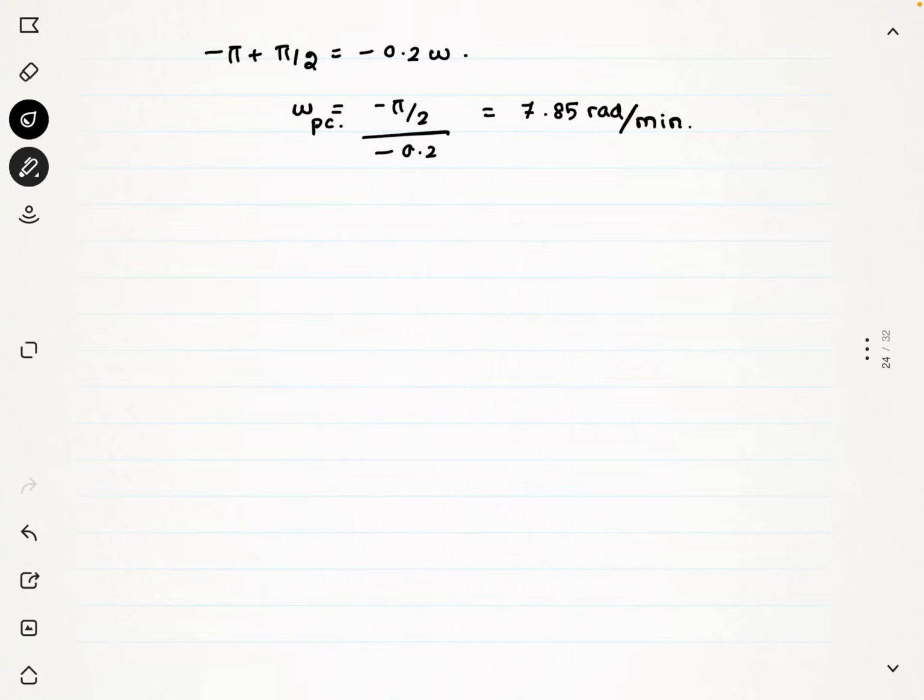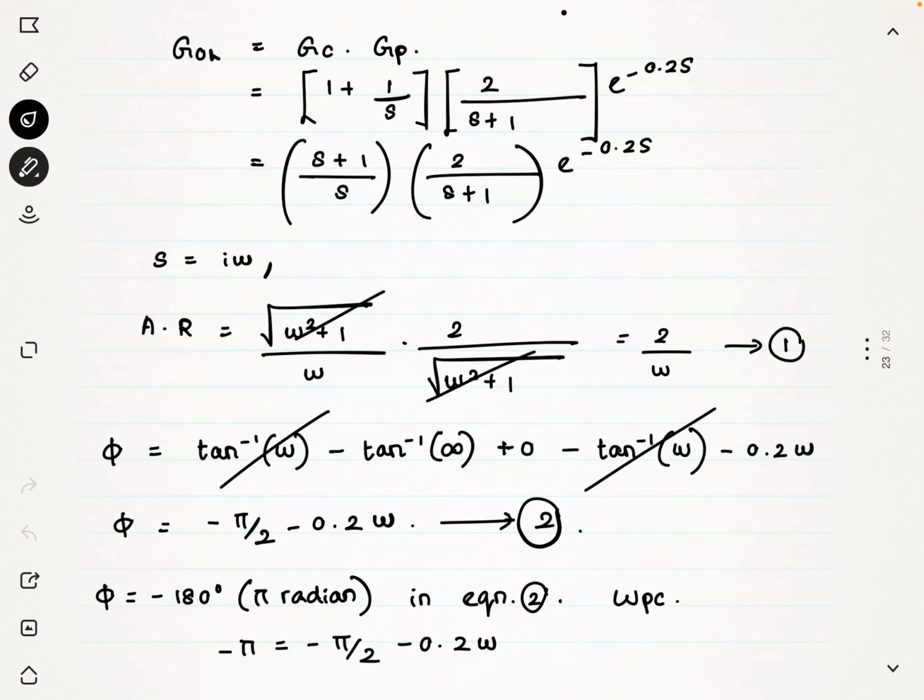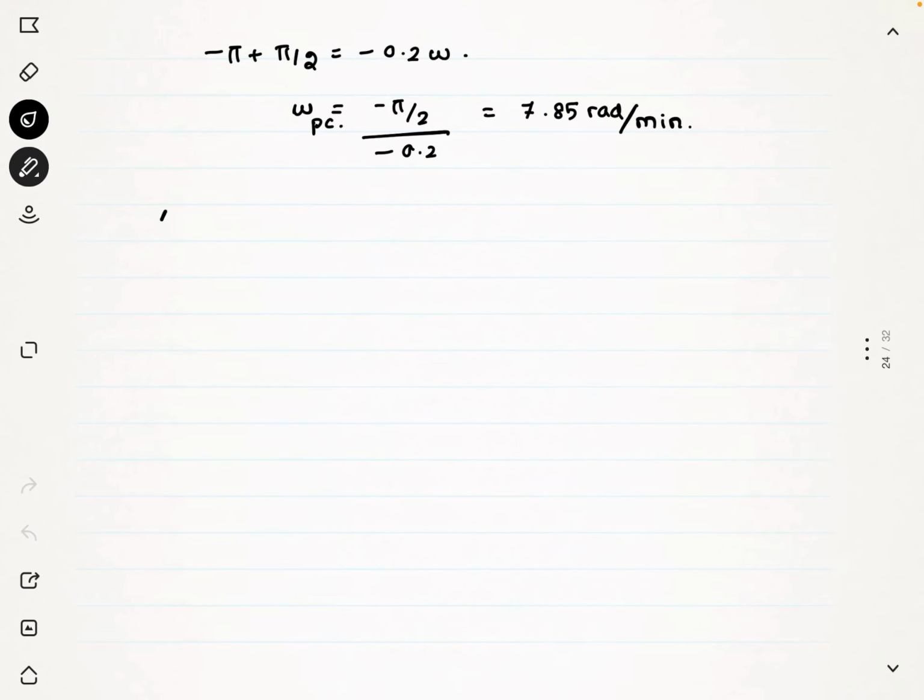And then if we substitute this frequency into equation 1, we get the critical amplitude ratio, which is equal to the amplitude ratio of the open loop at the crossover frequency.